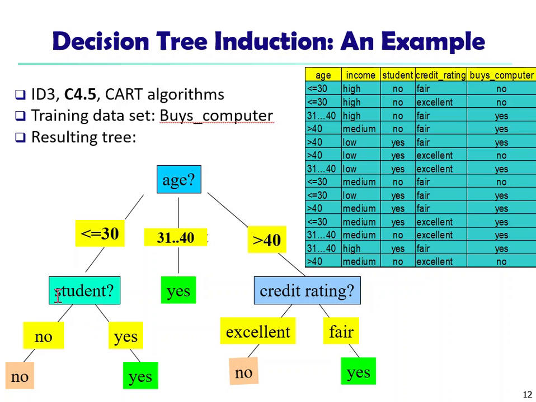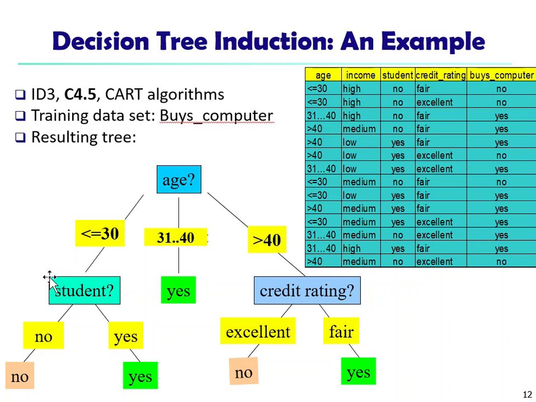Once we have decided that we're going to use age as the evaluation attribute in this node, the training set that meets this criterion and lands in this node is smaller than what we had before, right?